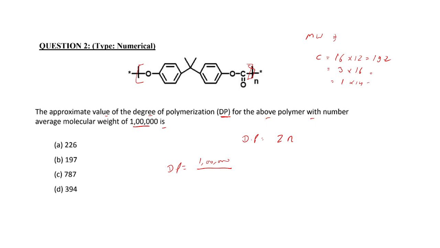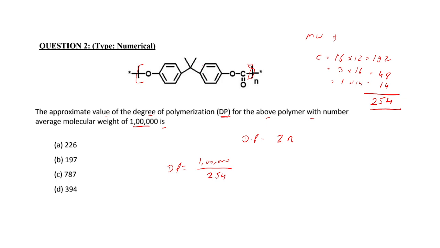Then 16 into 3, it is 48, and it is 14. Okay, so when you find out, it will be 8 plus 2, 10, 4, then 1, so 10 and 5, then 1 will go 252. Okay, so 254 is the molecular weight of this repeating unit, so it will be 254.